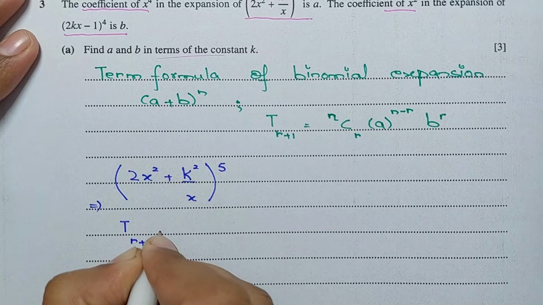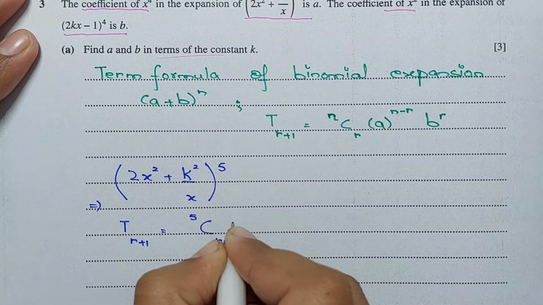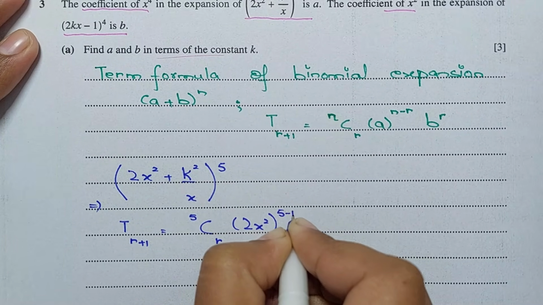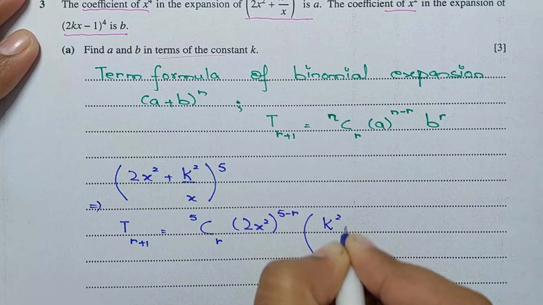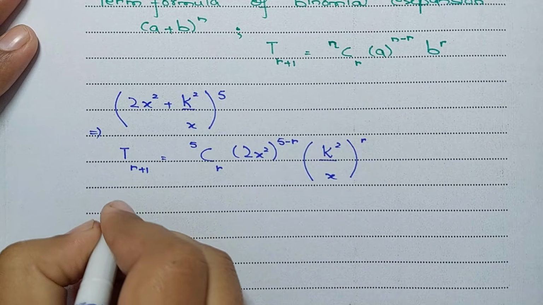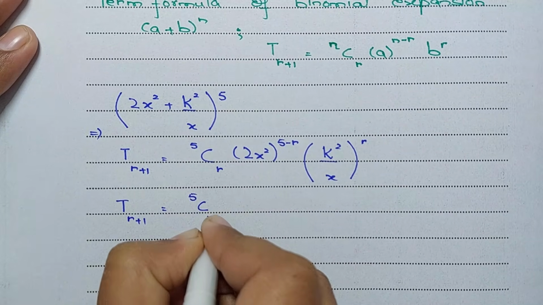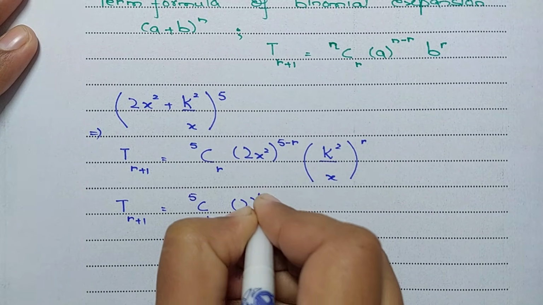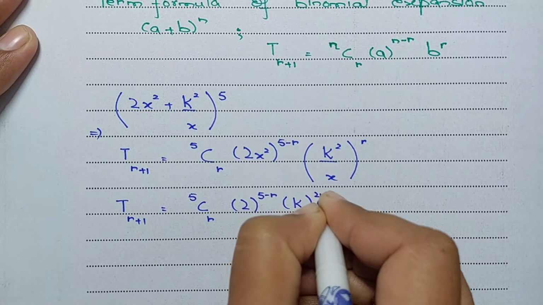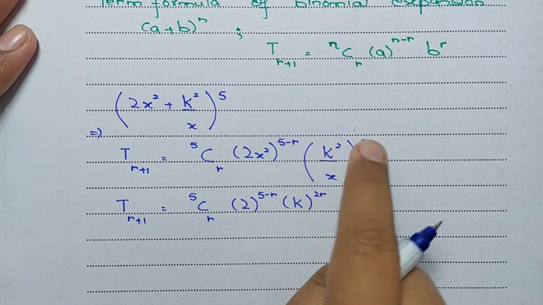T(r plus 1) is equal to n value 5Cr. The first term is a, which is 2x square. Its power is n minus r. And the second term is k square over x. And the whole term is to the power r. So simplify. T(r plus 1) would be equal to 5Cr 2 to the power of 5 minus r, k to the power 2r.